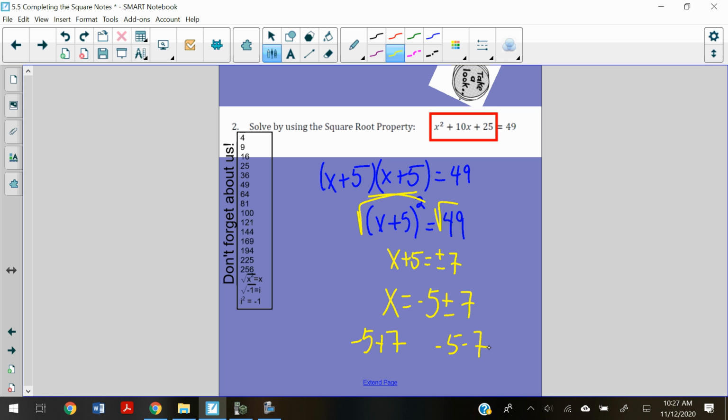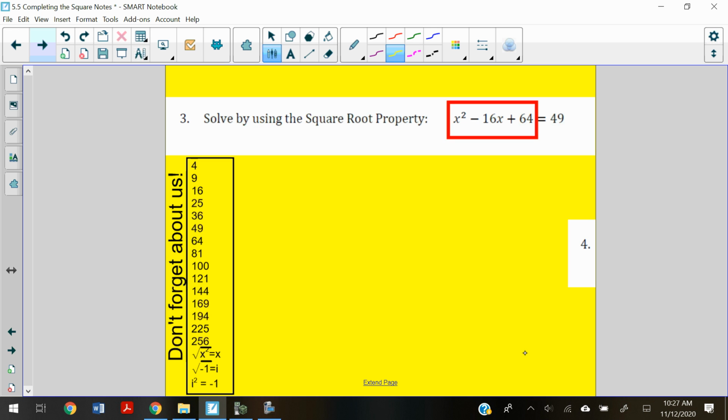This gives us our two solutions: x equals 2 and x equals negative 12. So using that square root property, we just have to factor what's in the red box. Pause the video and rewind if you need to.